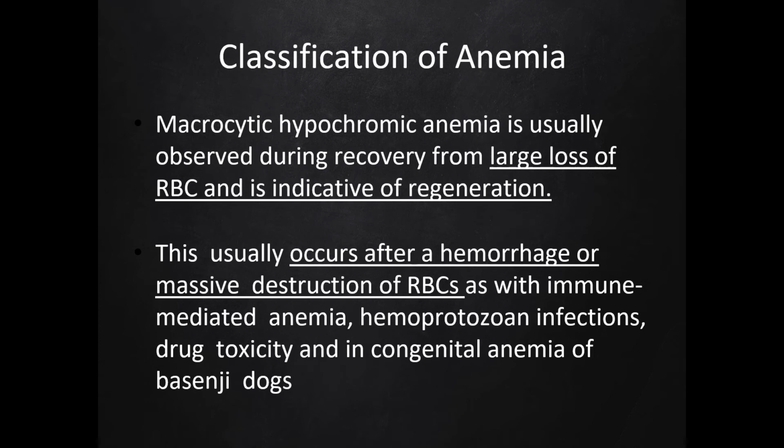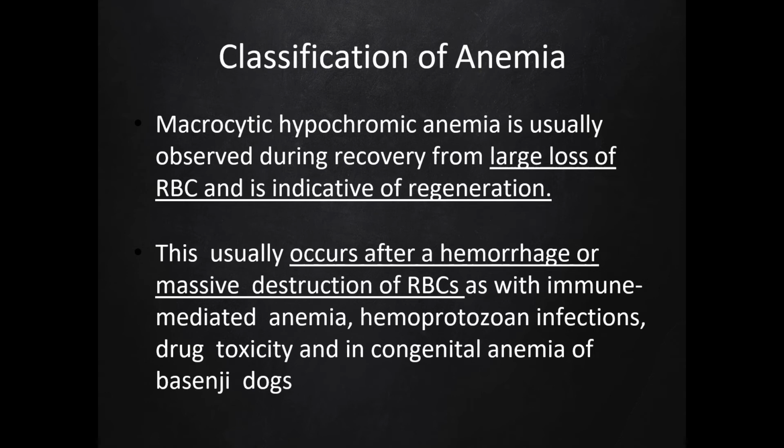In macrocytic hypochromic, meaning macrocytic, large size of the red blood cell, and hypochromic, lower chromic state of the red blood cell, it is usually observed during recovery from large loss of RBC and is indicative of regeneration. Take note of regeneration. It could happen in hemorrhage and or hemolysis.